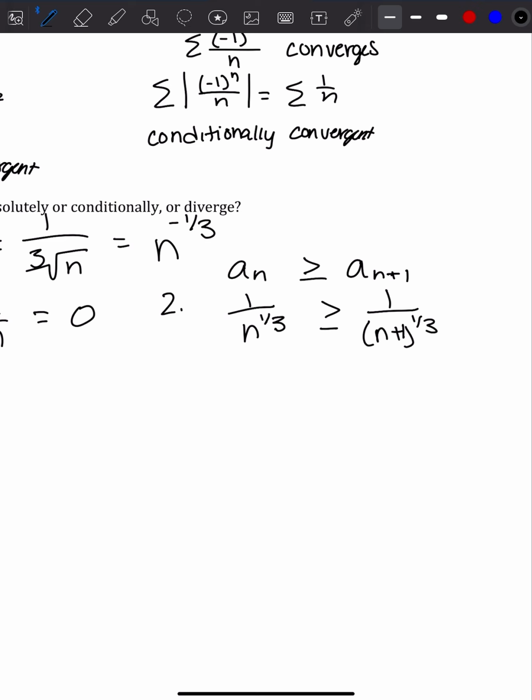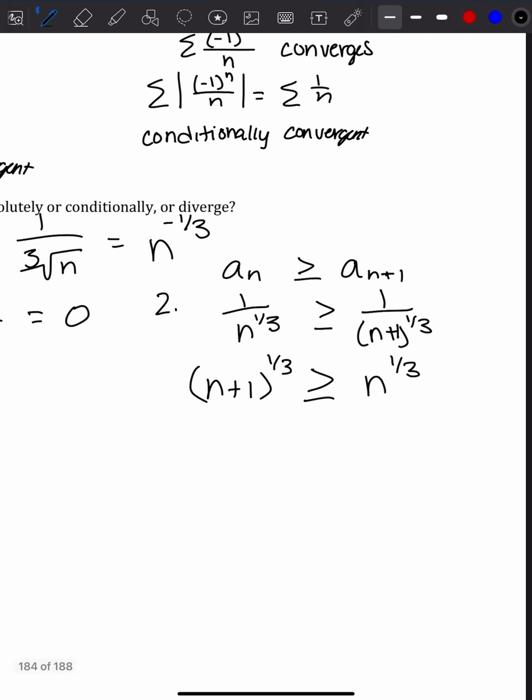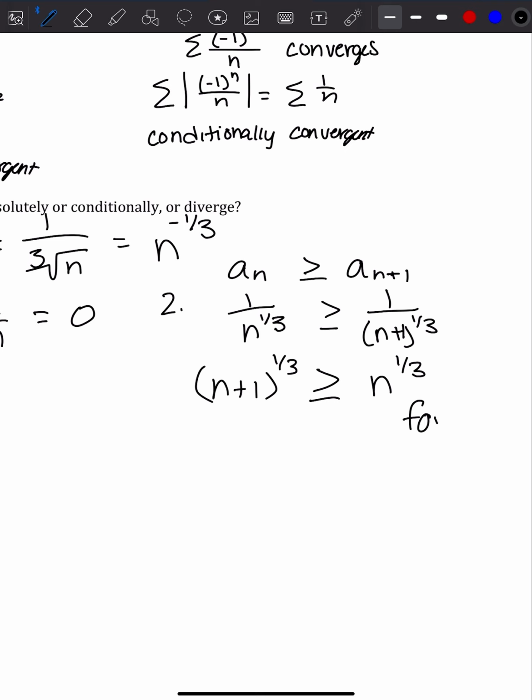Just like the other times, we're going to multiply both sides by the denominators. So I have n plus 1 to the 1/3 greater than or equal to n to the 1/3. So the cube root of a slightly bigger number is going to be bigger than or equal to the cube root of a number. So we know that this works for all n, because we're looking at positive n values.